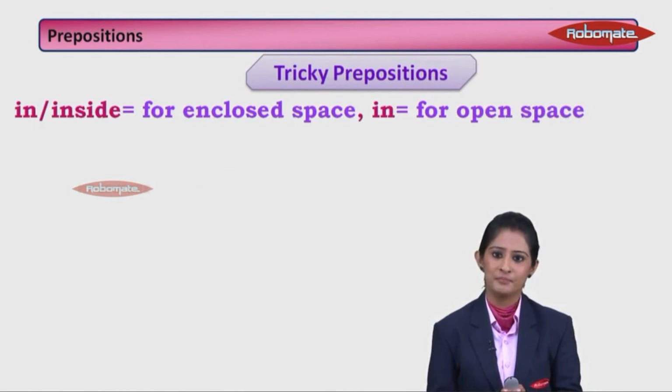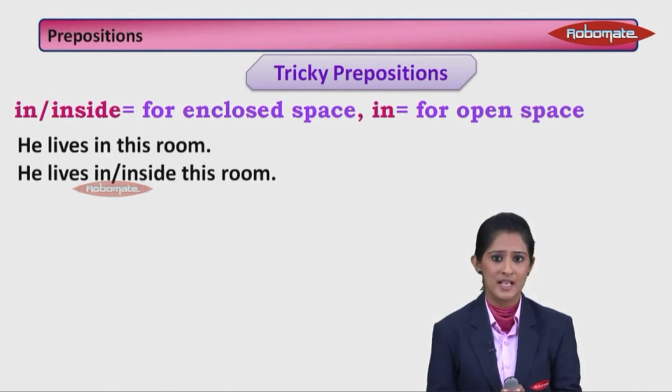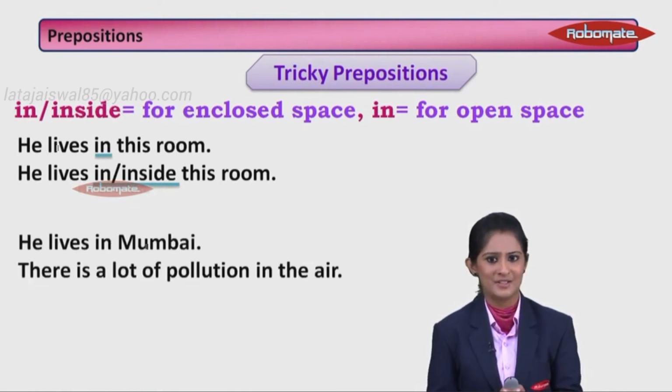The next one, in or inside can be used for an enclosed space, but the word in is used for open space. For example, he lives in this room, or you may write, he lives inside this room. So we can use the word in or we can use the word inside.